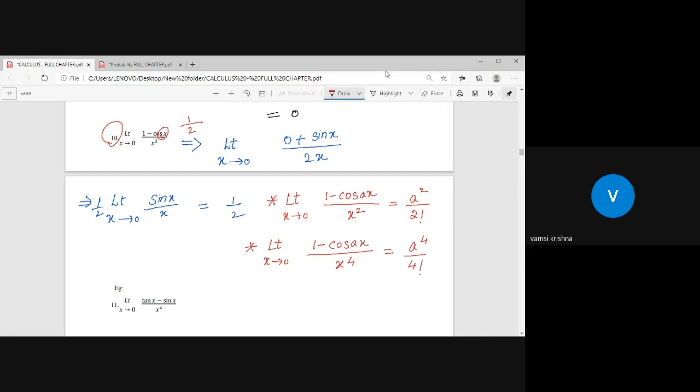So x square, x power 4, next you can take x power 6. Don't write odd powers, only even powers; for odd, it will become 0. Limit x tends to 0, 1 minus cos ax by x power 6 is equal to a power 6 by 6 factorial.